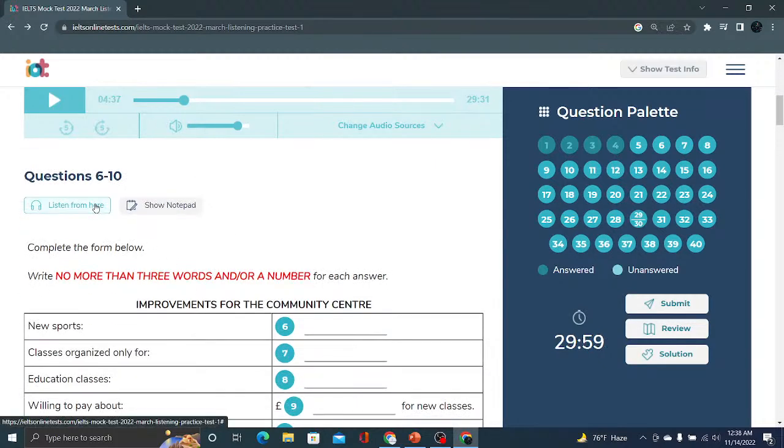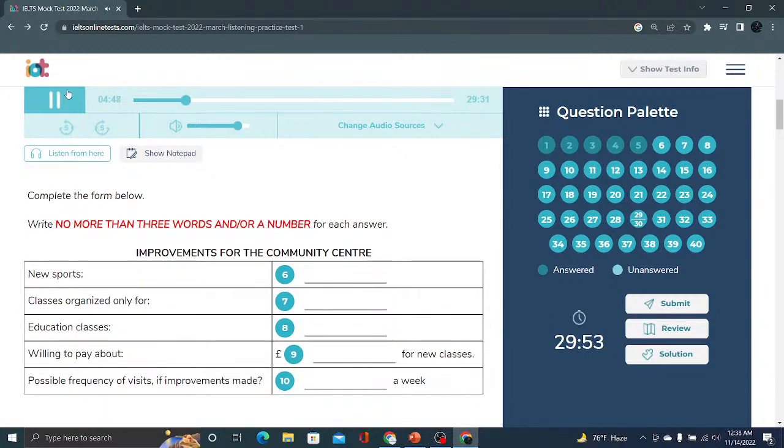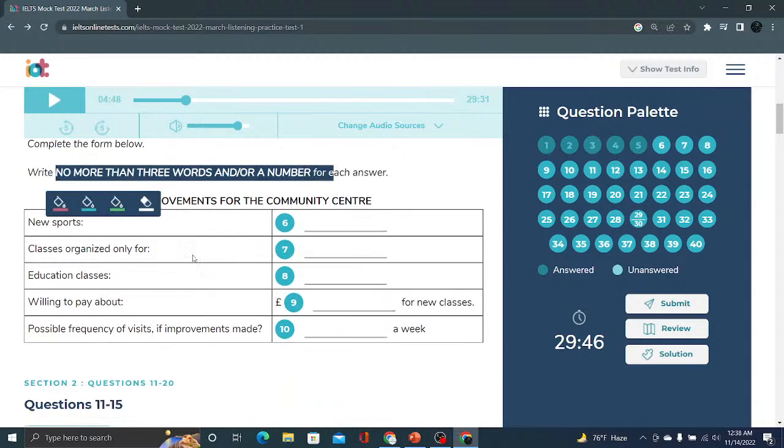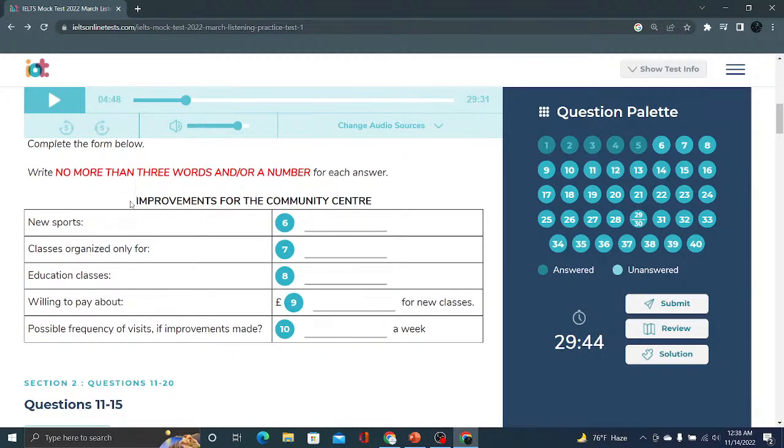Now we are going to listen for questions 6 to 10. You hear the rest of the conversation. You have some time. Here's another instruction for us: no more than 3 words and or a number for each answer. The title is improvements for the community center.